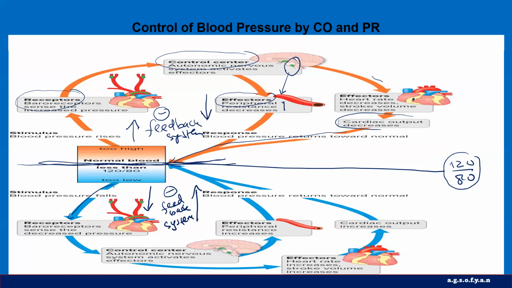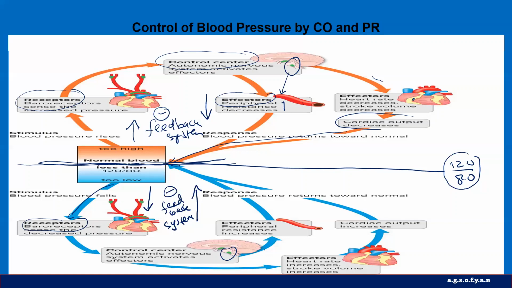When our blood pressure decreases, the receptor, like in the blood vessel in the aorta, will send that information to our control center, the CV center in the medulla oblongata.